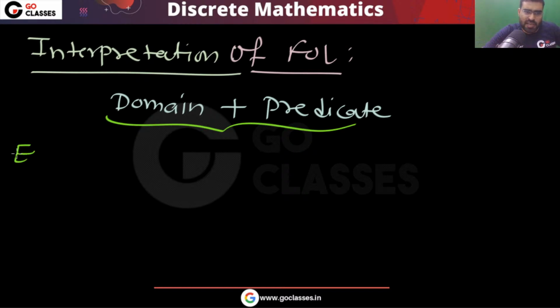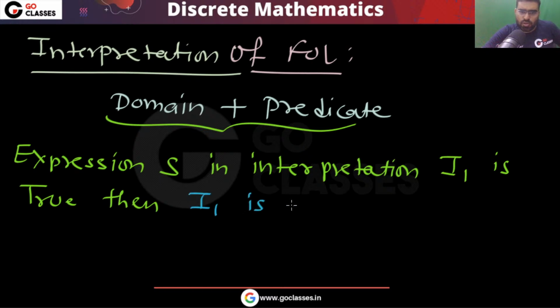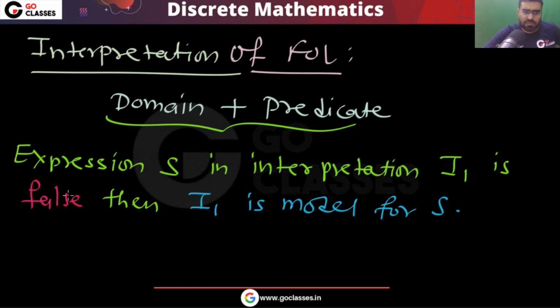Now remember, if you have some expression S, and let's assume this expression S in interpretation I1 is true, then this I1 will be called a model for S. And the same thing, if S is false in the interpretation I2, then that interpretation will be called a co-model for S. Please tell me, did you understand this concept?